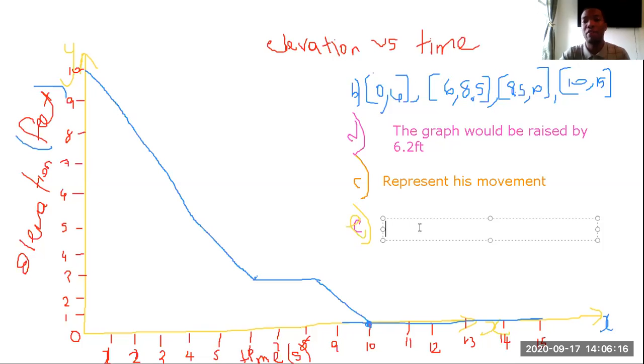The graph would be different because there would be negative numbers, but it still would look familiar.